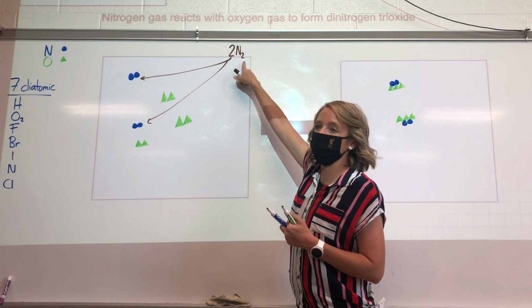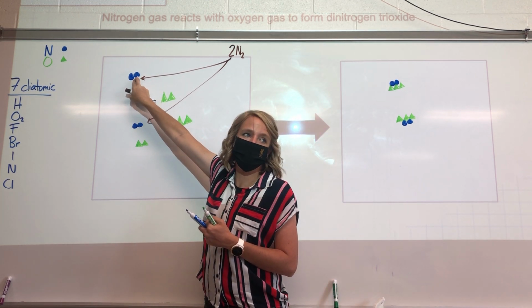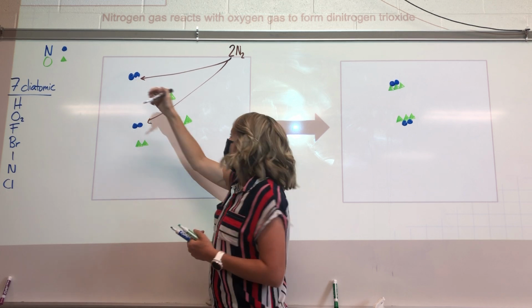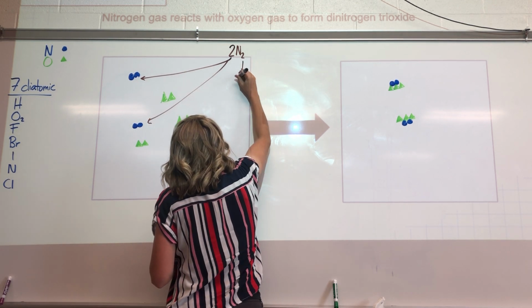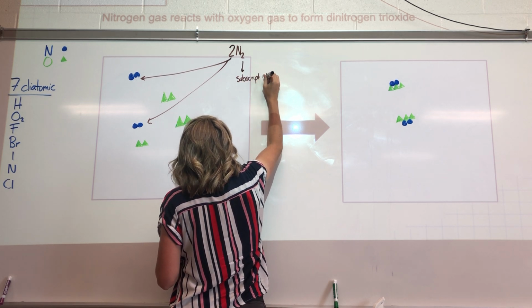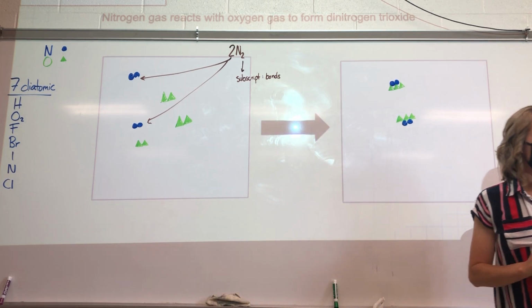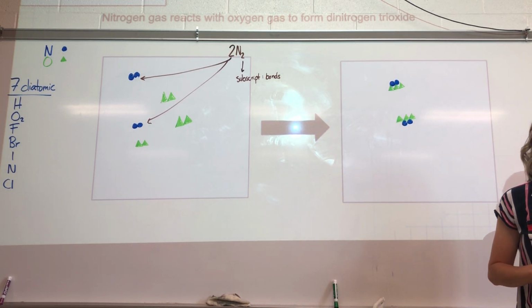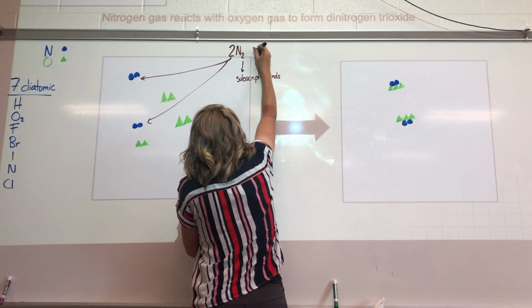The little number is indicating that it comes in twos. This right here is known as the subscript, and it indicates the bonds. Okay? Now we have two N2s.